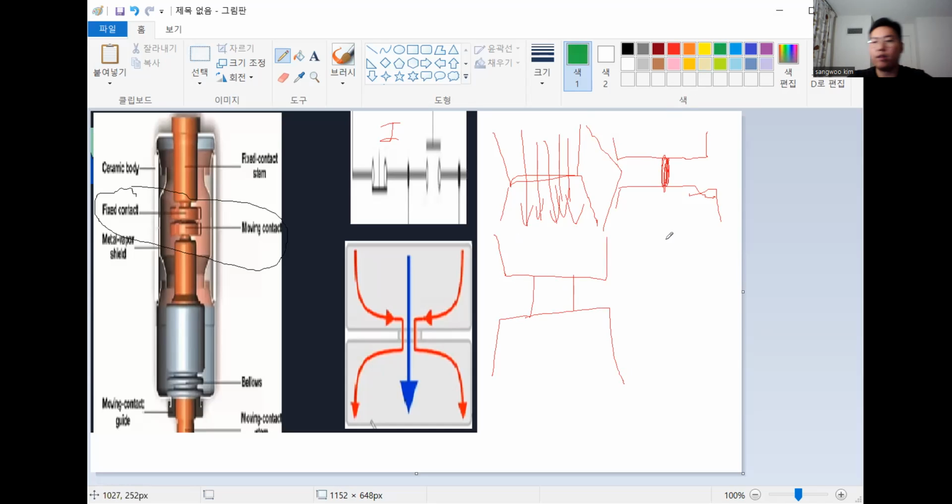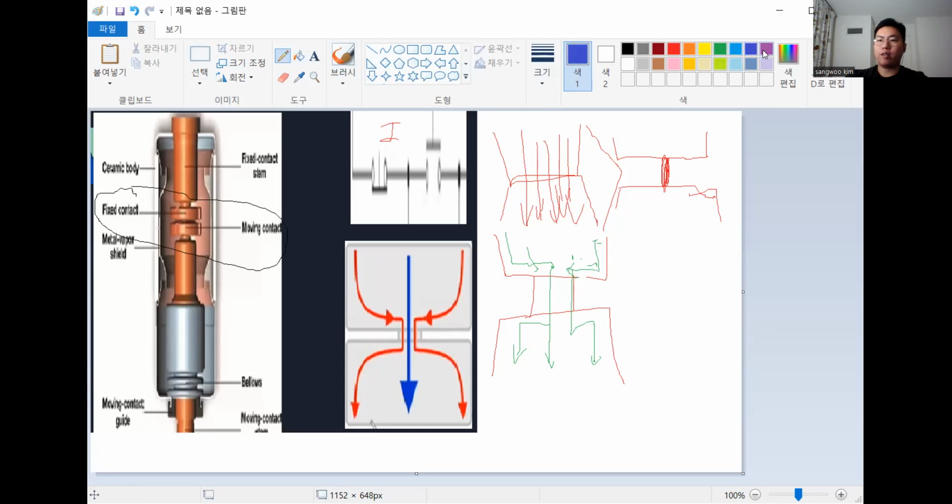So look at that. This is also simple thinking, like water flows like this, right? Sorry guys. So check it out here.